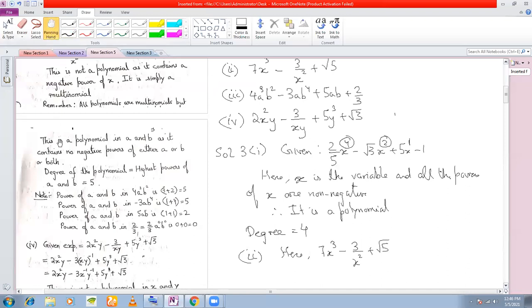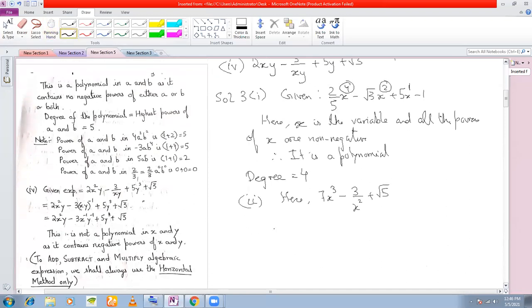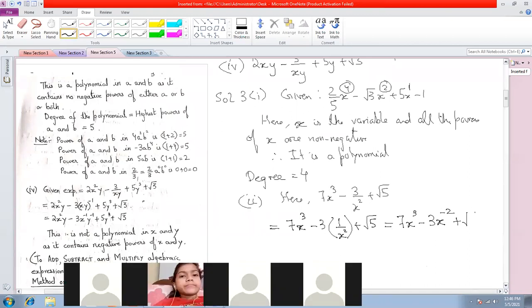Now see, this expression has x in the denominator. That means whenever x is in the denominator, the power of x will become negative. How does it become negative? See, 7x cube minus 3 by x square, you can write this as 3 into 1 by x square, plus root 5, which can be written as 7x cubed minus 3. Now 1 by x square, from the laws of exponents, you can write as x to the power of minus 2, plus root 5.